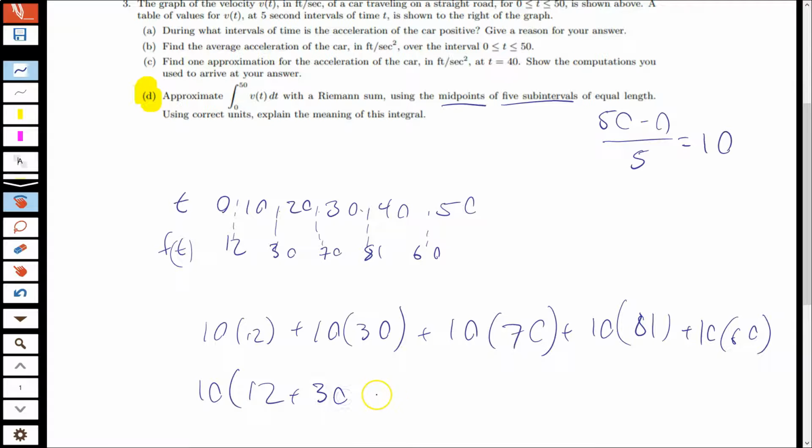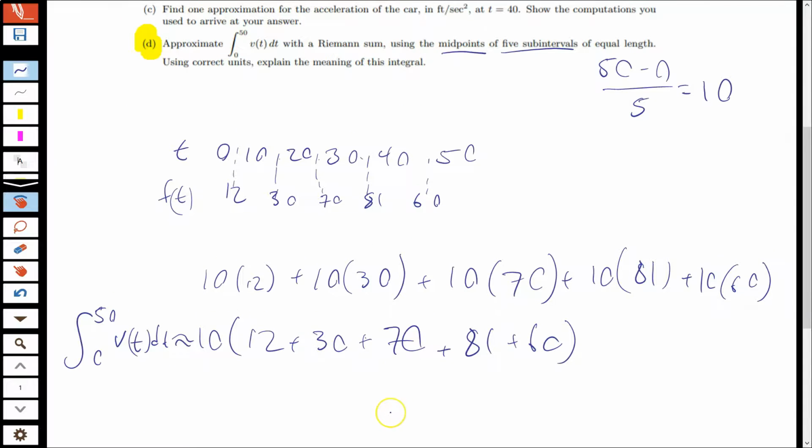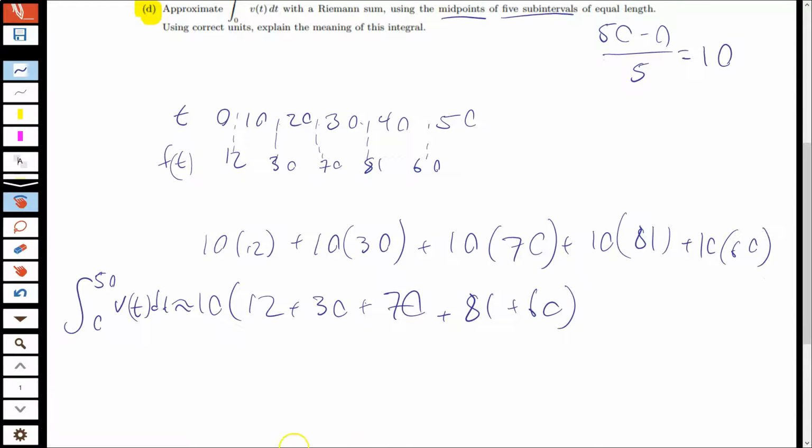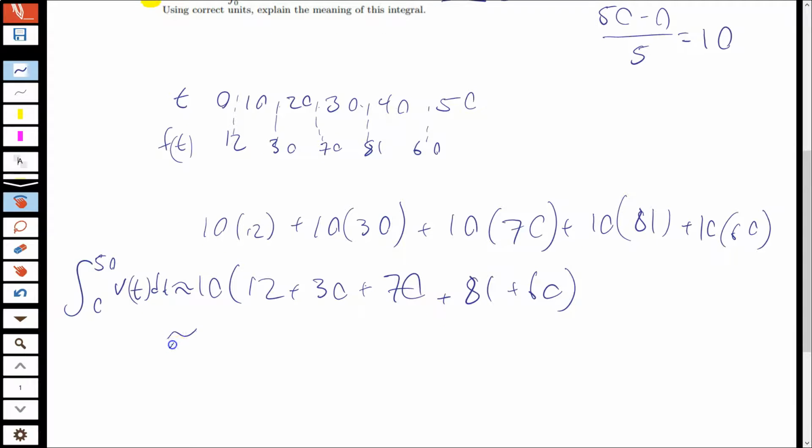Again, this is why Riemann sums with equal subinterval lengths are so useful, because I can type this in my calculator very easily. Good notation would be to say the integral from 0 to 50 of v of t dt, squiggly equal sign, this, because we're approximating. We don't know how to find the exact value of this. Then we just punch it in my calculator, and what you get is 2,530.